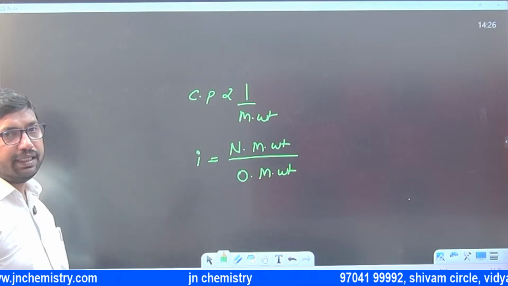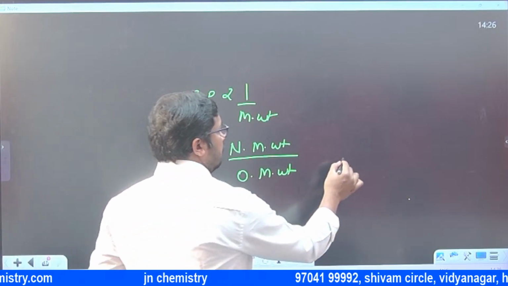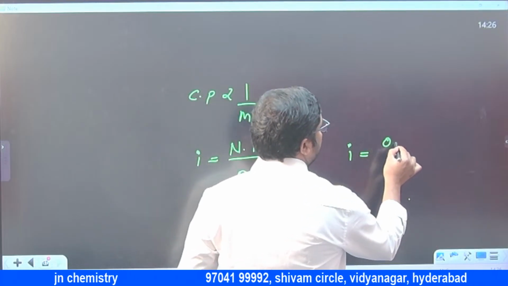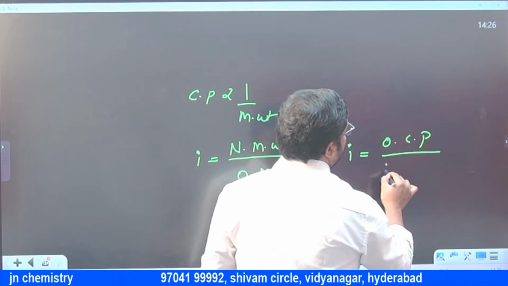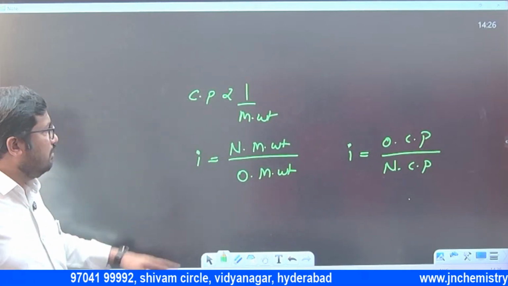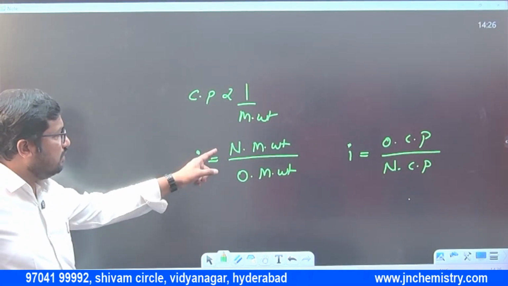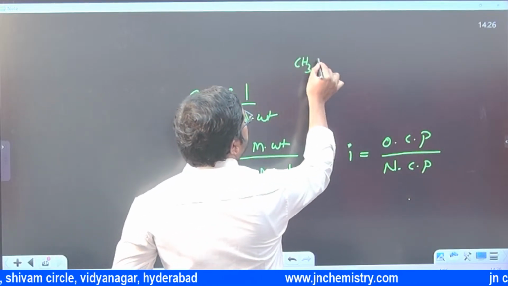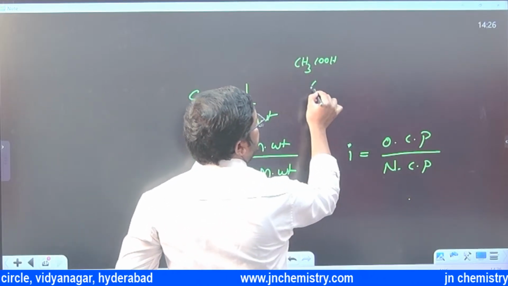So this is a formula they gave us. Otherwise, from this, i can be written as observed colligative property by normal colligative property, because both are in an inverse relationship. Normal means, for example, acetic acid: the normal molecular weight is 60.